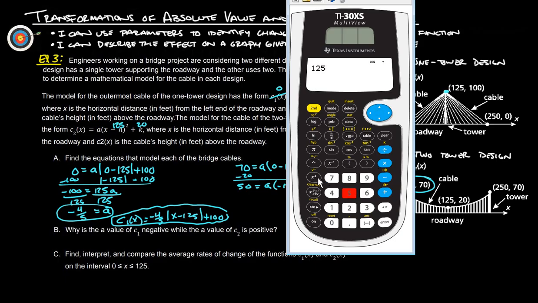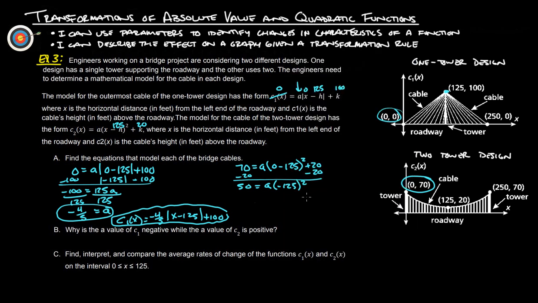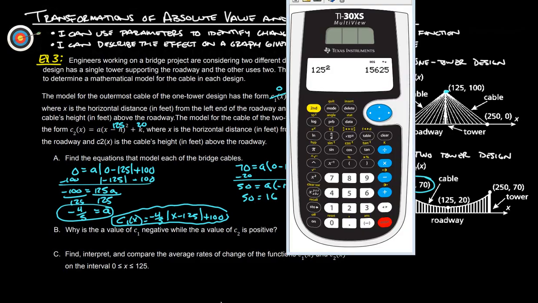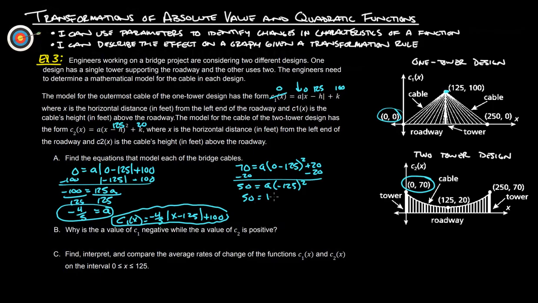So 125 squared is 15,625. So we get 50 equals 15,625a.